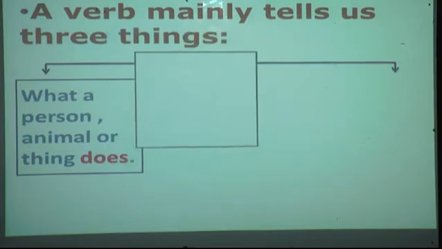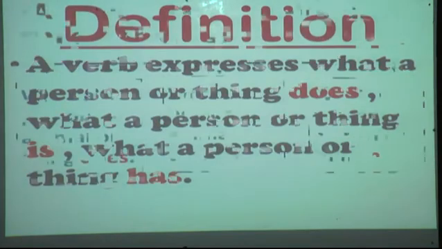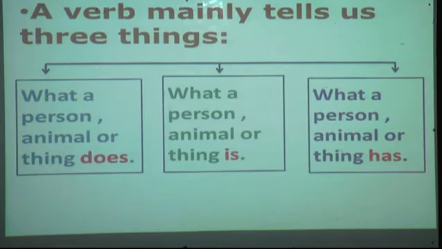What is the next one? Yes, what a person, animal or thing is. Understood? Third, what a person, animal or thing has.